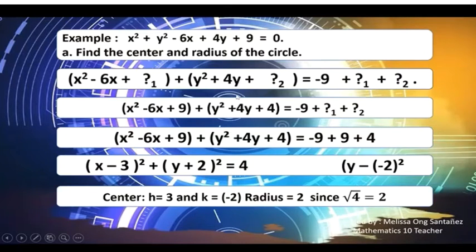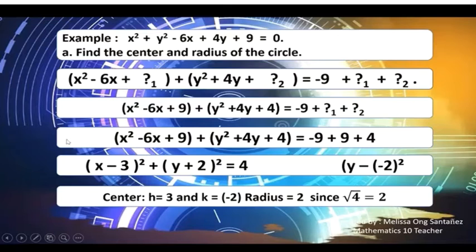Make sure you follow the sign, it will be positive. Then square your answer. And whatever you add on the left for question number 1 and question number 2, you also need to add it on to the right side to balance your equation. After which you already have this one, all you have to do is transform this one into a square.